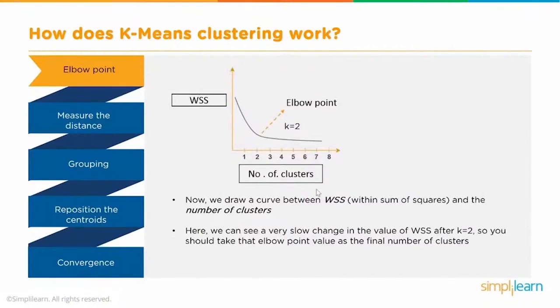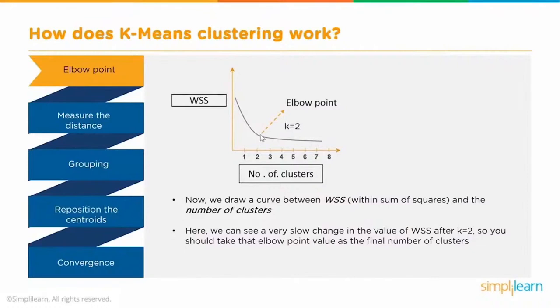We have on the y-axis the within sum of squares, or WSS, and on the x-axis we have the number of clusters. As you can imagine, if k is equal to 1, which means all the data points are in a single cluster, the within SS value will be very high because they are probably scattered all over. The moment you split it into 2, there will be a drastic fall in the within SS value. And that's what is represented here.